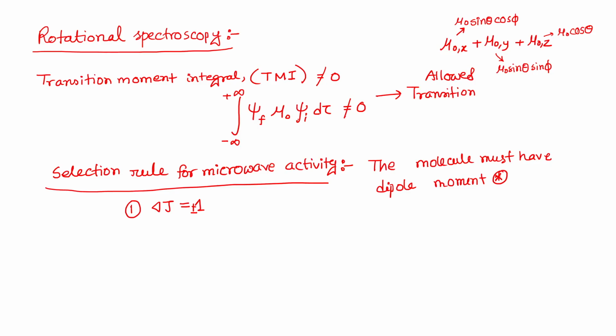In rotational spectroscopy, the easiest system we think of is a diatomic molecule, suppose HCN or HCl, hydrochloric acid, as we said. There are hydrogen and chlorine atoms. It is like a two-body problem, but discussing a two-body problem is a little difficult. So we try to form a one-body problem using the center of mass, treating it as a center of mass problem.